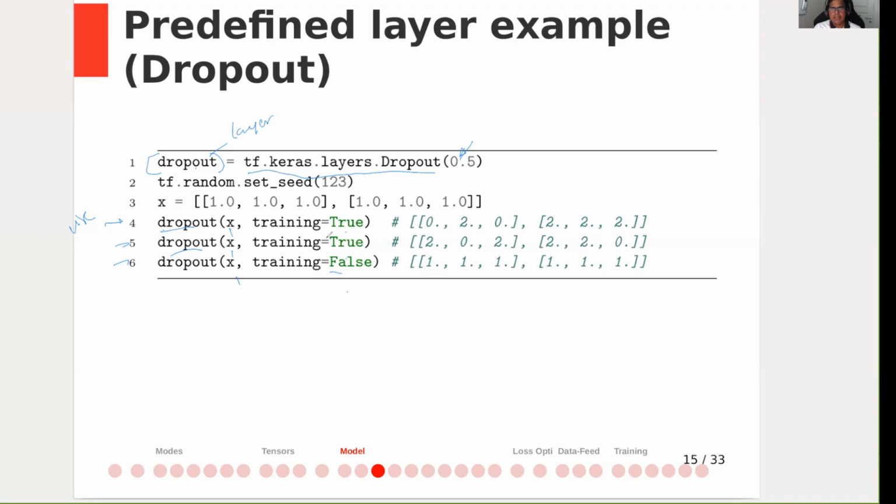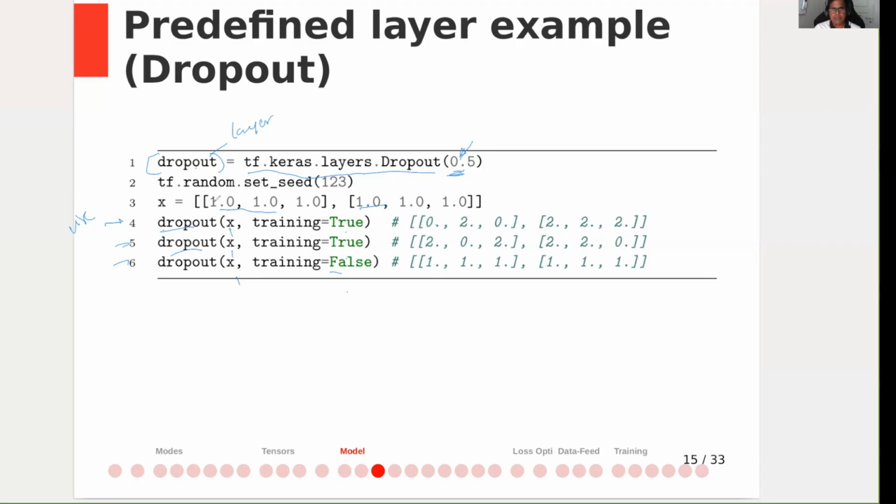More specific to this dropout layer is that, given this input, the dropout layer randomly drops certain outputs based on the probability specified here. At the same time, it scales up the outputs which are not dropped. So in this case, for example, you can see that the first output has been dropped.